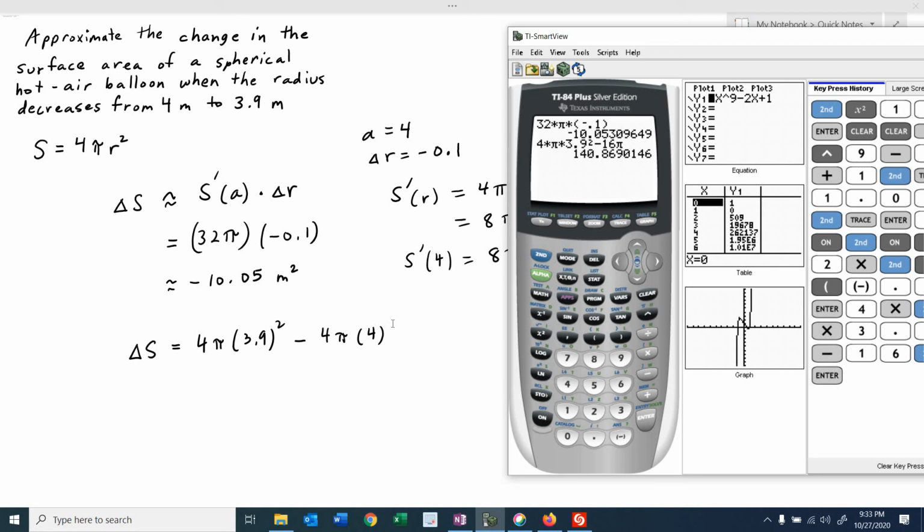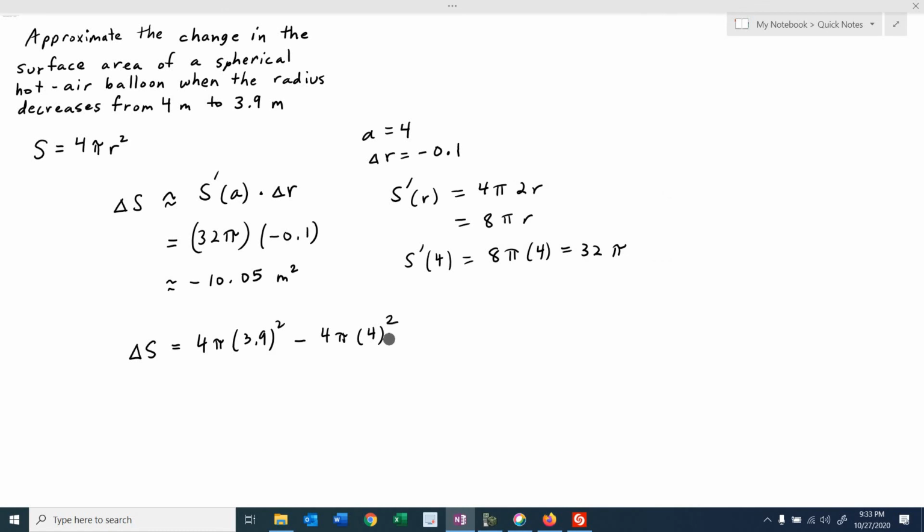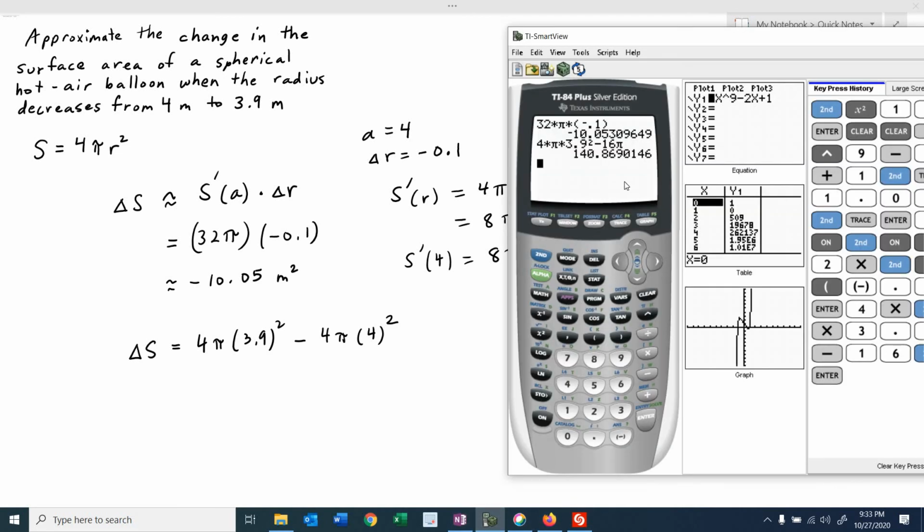I forgot to square this 4. That looked way off, and it is. This is squared, so there was something wrong there for sure. So let me go back. It's 4 pi times 3.9 squared minus, this is going to be 64 pi, because this is 16, and 16 times 4 is 64.